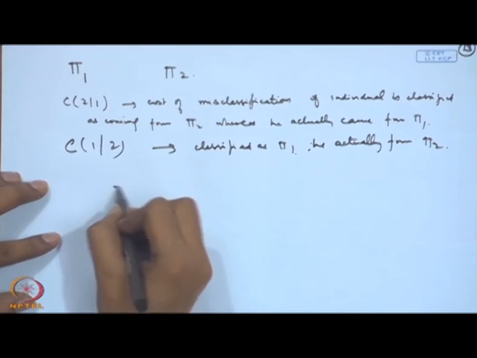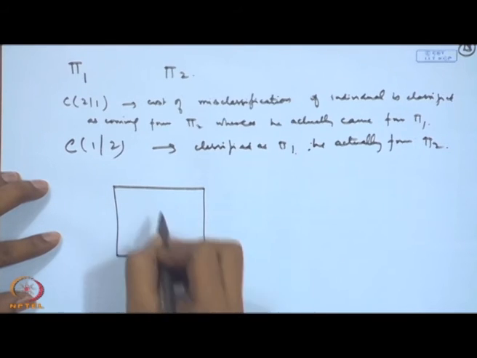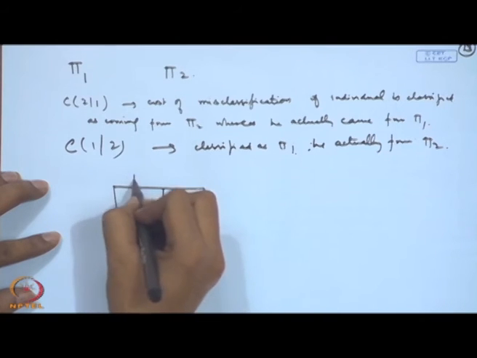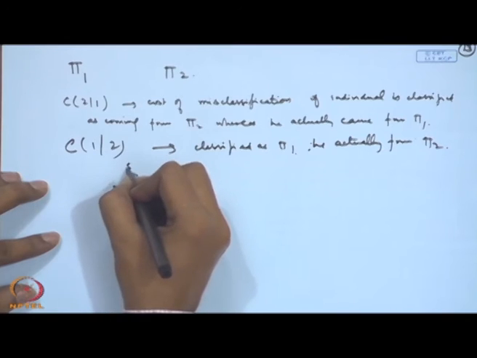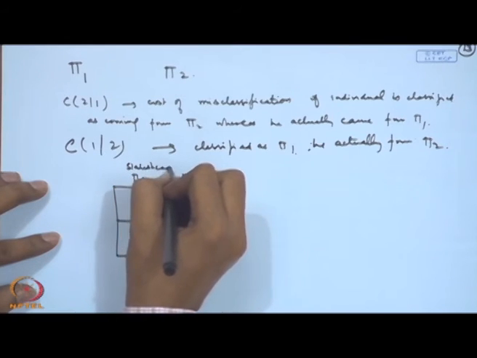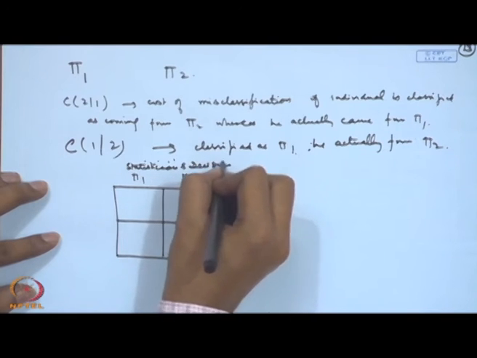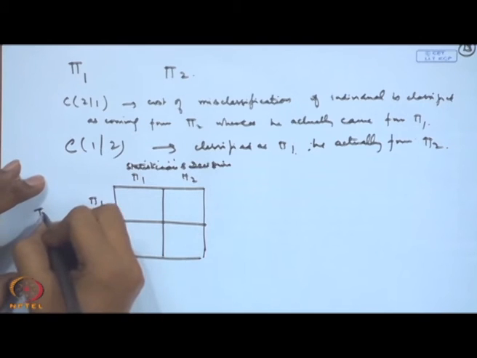So, in a decision theoretic setup, if we consider it as a loss matrix, we can write it in this fashion: pi 1, pi 2, that is the statistician's decision, and on this side we have pi 1, pi 2, that is the true population.